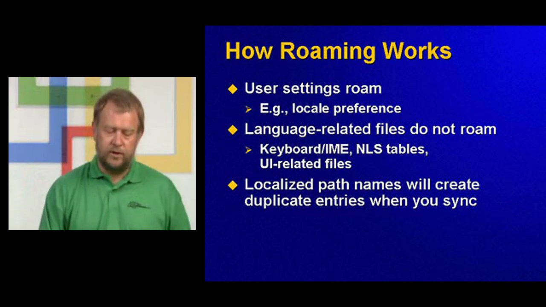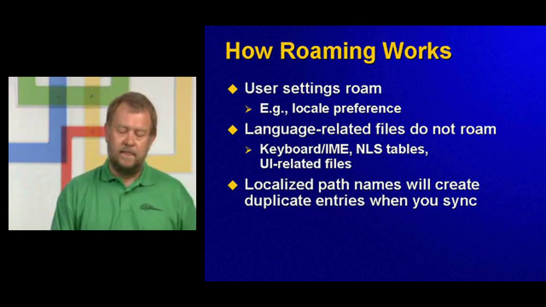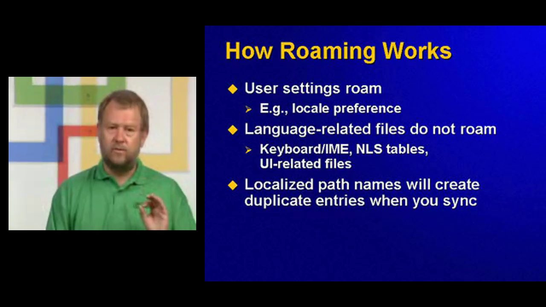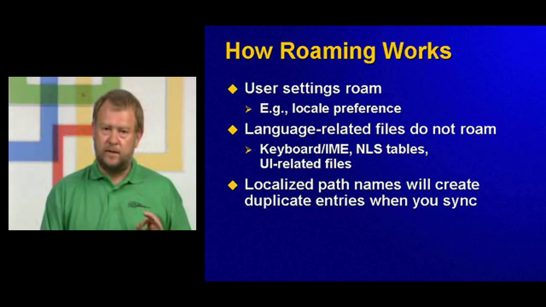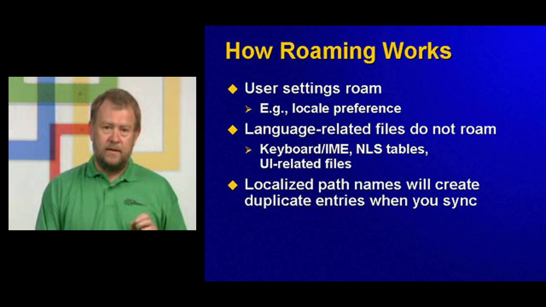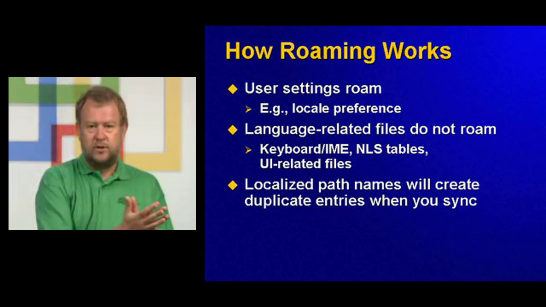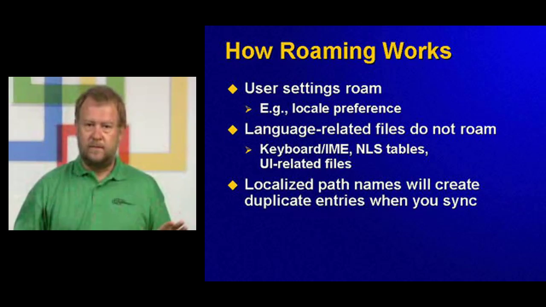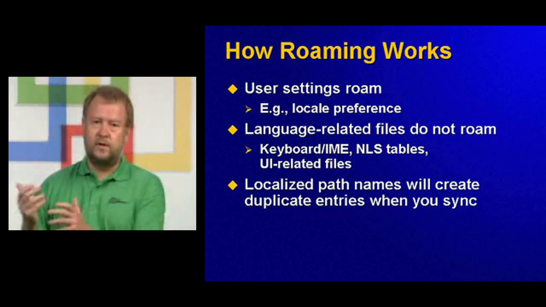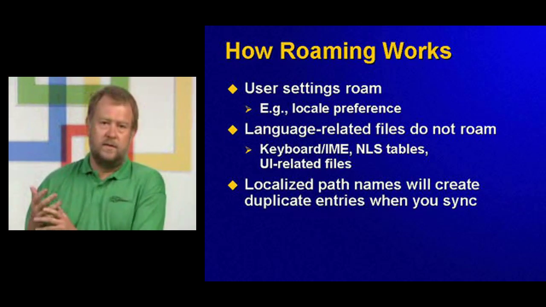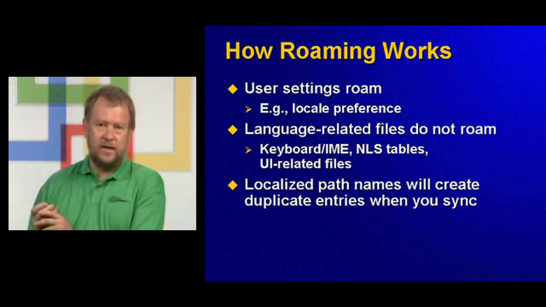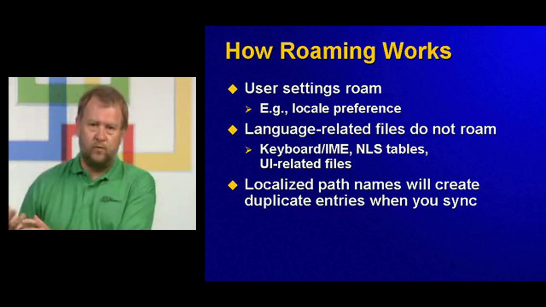The way roaming works is that settings roam, but files don't necessarily roam. So, for example, you might go from a Japanese system to a Korean system, and when you roam to the Korean system, the fact that your default input locale is Japanese will roam with you.